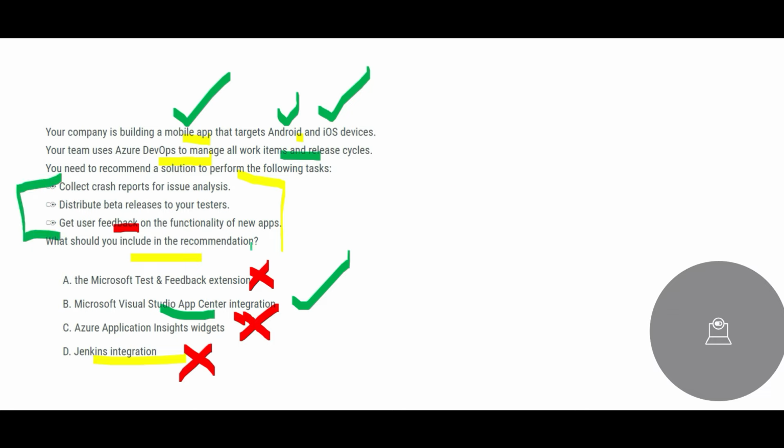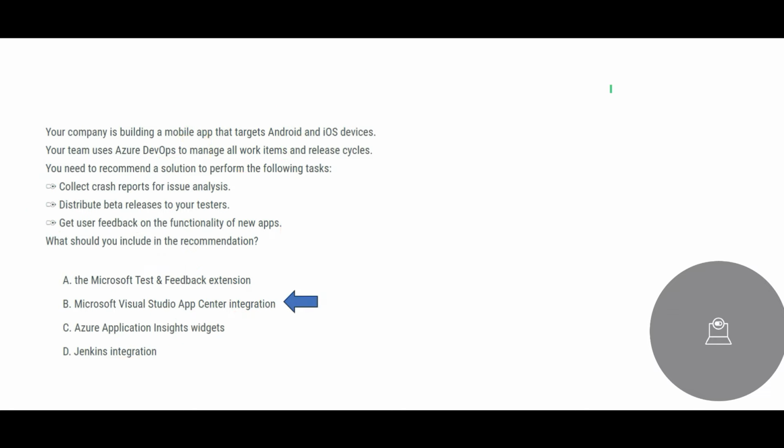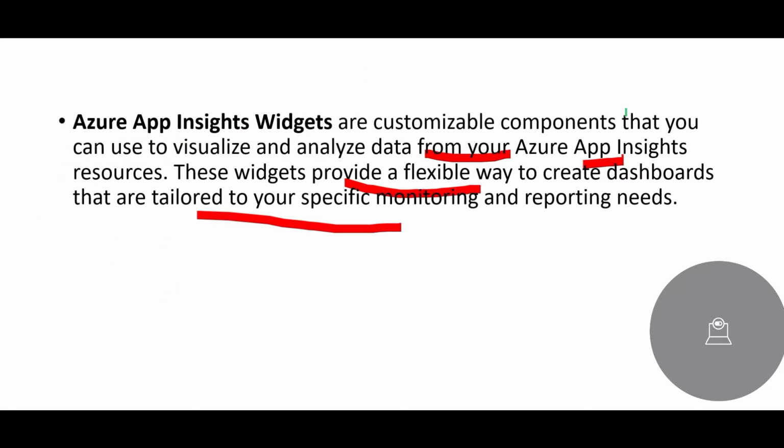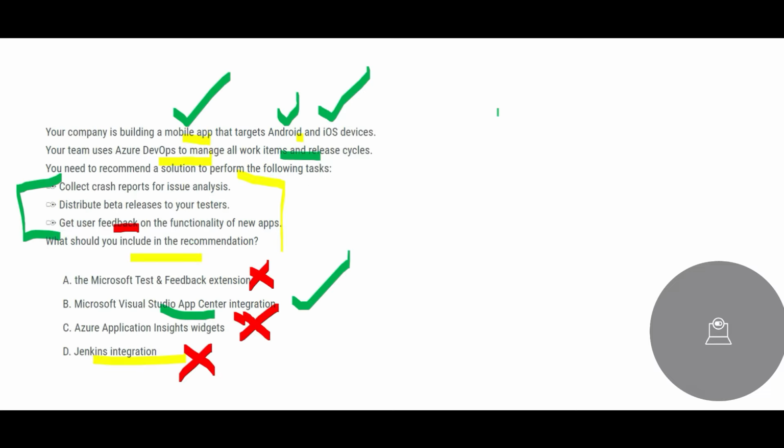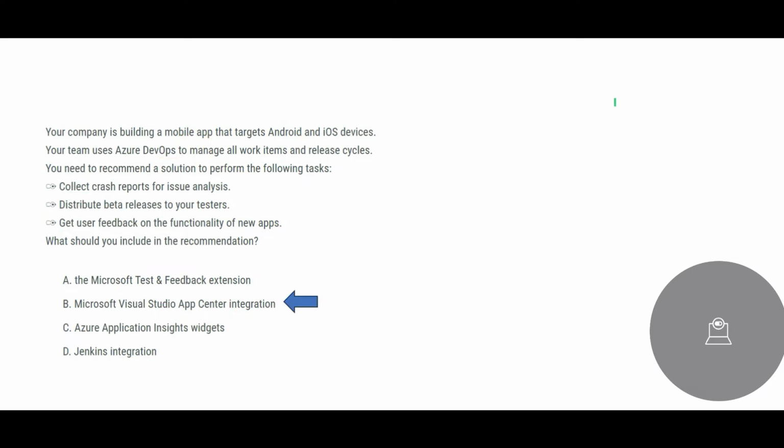So you have to make use of Visual Studio App Center integration for these reasons. It provides a comprehensive platform for you to manage your entire application life cycle, from code management to distribution. Who is talking about distribution? I told you, right? You distribute your beta releases. You see this? So distribution is in focus. Okay, we will lock this answer and move forward.